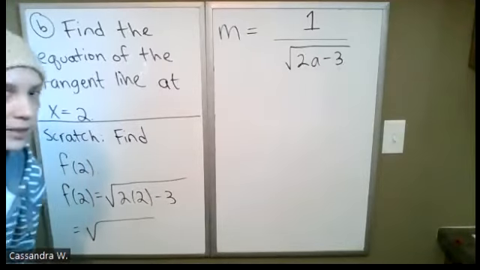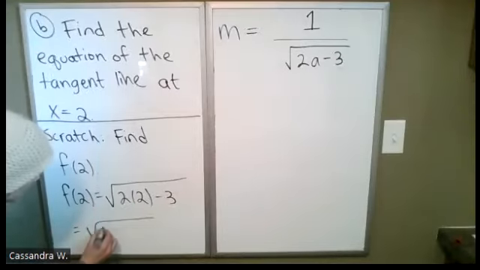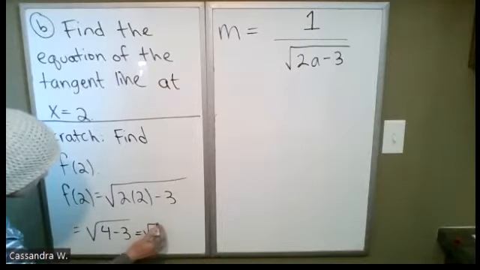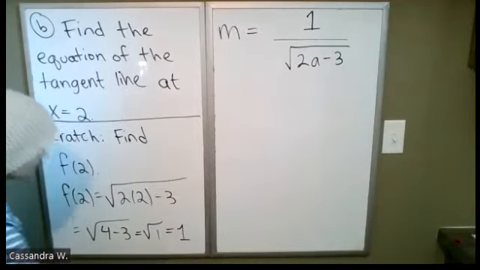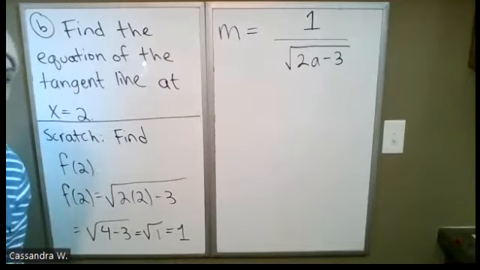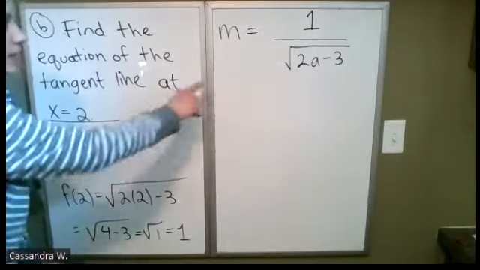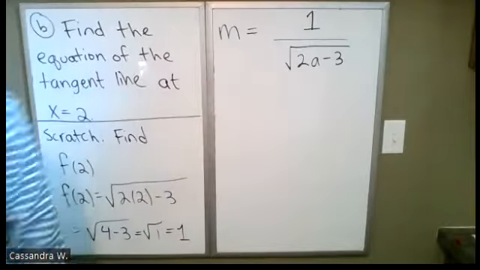A root of 4 minus 3 is a root 1, which is 1. Okay, so we've got an input, got an output. We need the slope when a is 2.